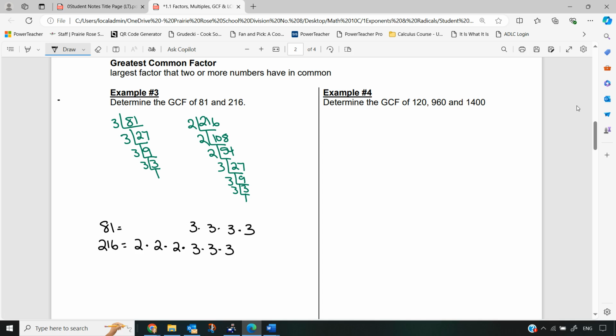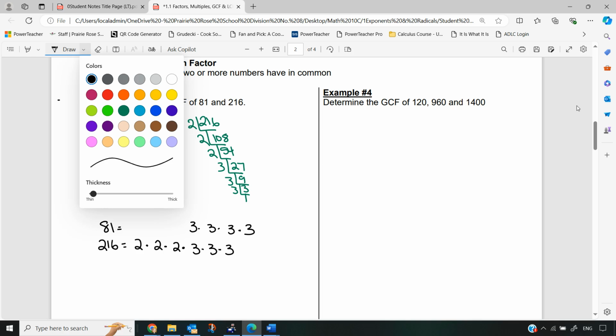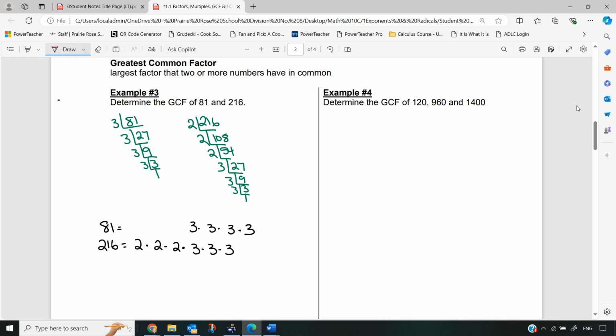Notice what I'm doing is I'm purposely lining up my common numbers. It'll be easier for figuring out my GCF. So we want to know, what numbers do these have in common? Well, they have 3 in common, they have another 3 in common, and they have another 3 in common. So my GCF is going to be 3 times 3 times 3, which is 27.